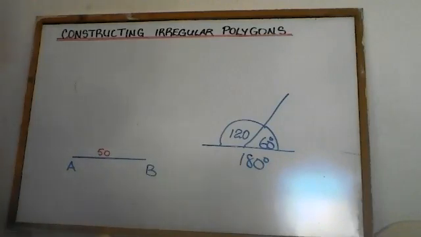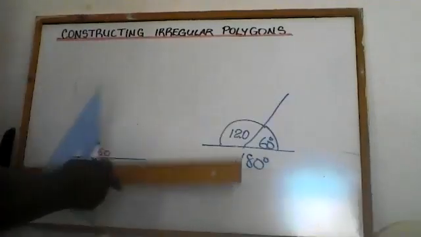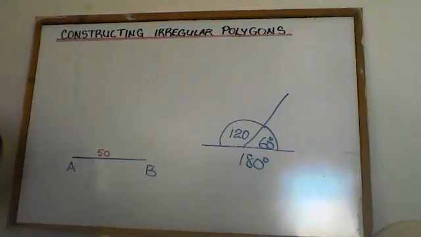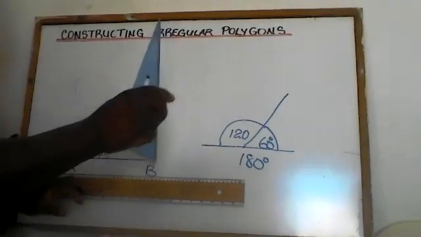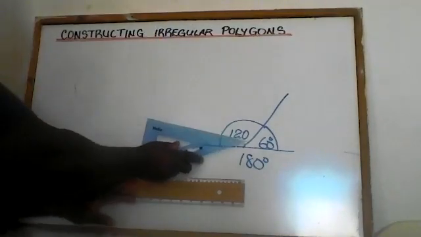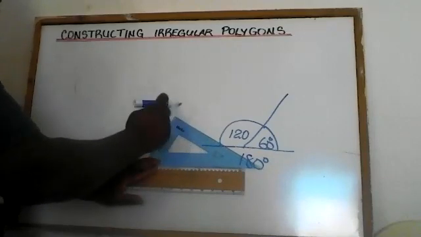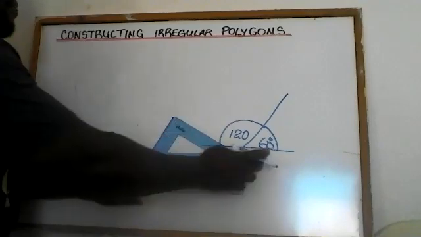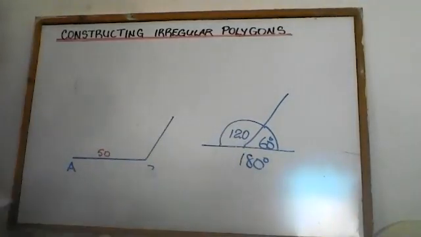The implication is, I'm going to use my 60-30 degree set square and draw a line at 60 degrees. The opposite side of the line is going to be 120 degrees.